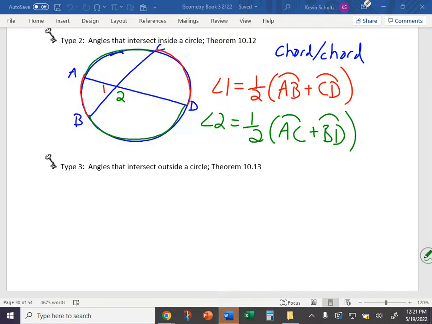That's the chord combo. How we doing? Similar questions?